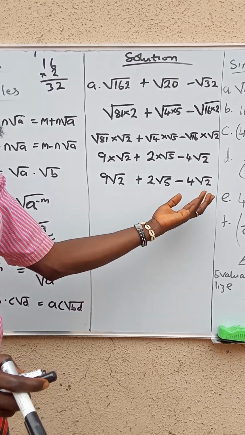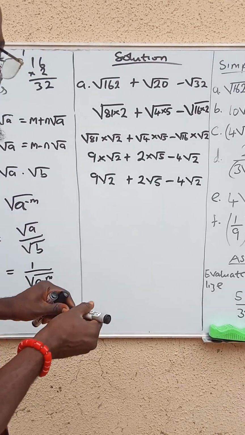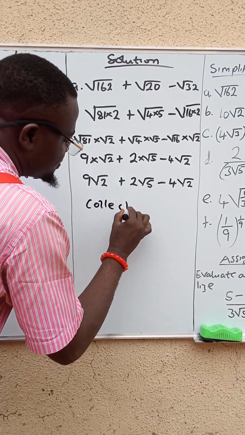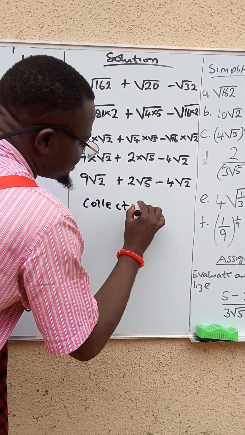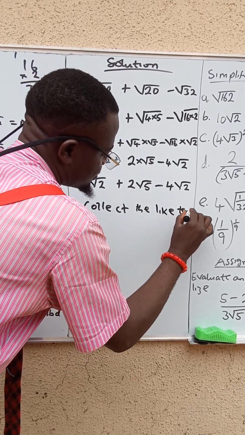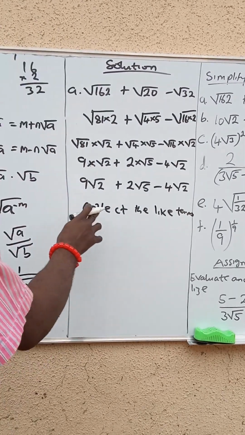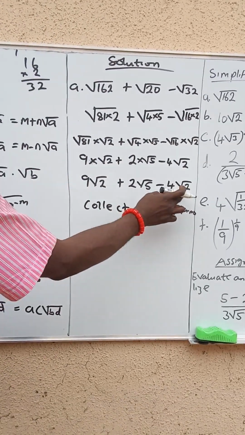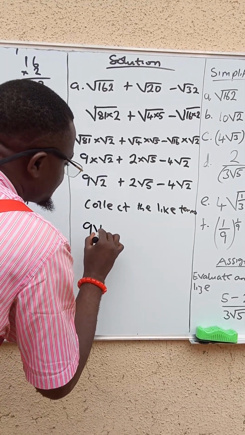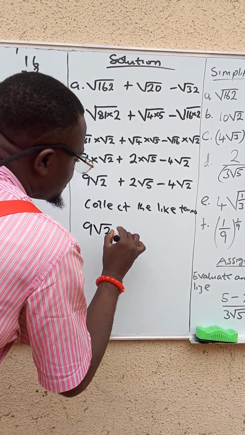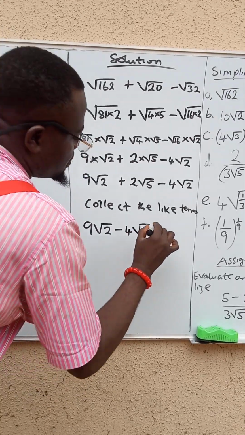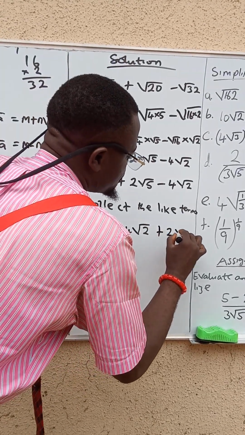So we have to collect the like terms. Just write it for your marker to know. Collect the like terms. Do you know why I wrote this? So that you know I want to bring this to this place. So now I have 9 root 2 minus 4 root 2 plus 2 root 5.